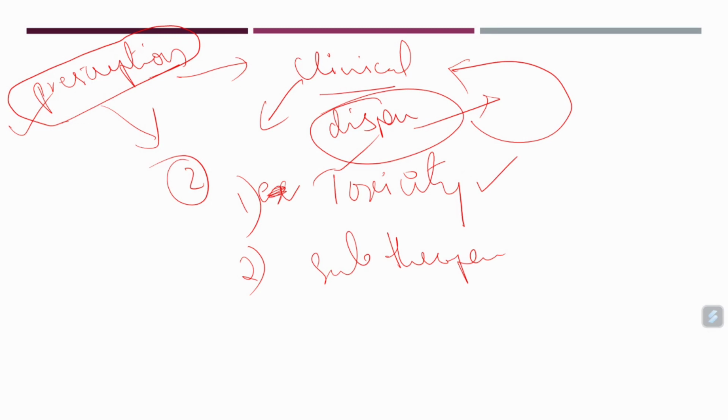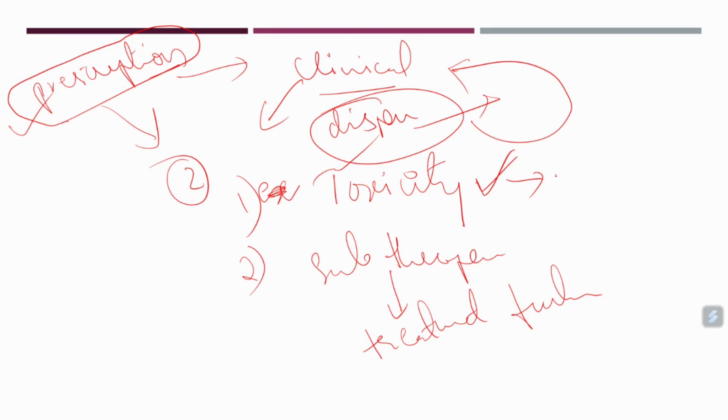When excess dose is taken by the patient, it may cause toxicity. Lethal consequences can be seen with drug toxicities, and it may also cause adverse drug reactions. Number two, it may go to a subtherapeutic level, and it will cause treatment failure. So two things are possible when drugs are given to the patient.